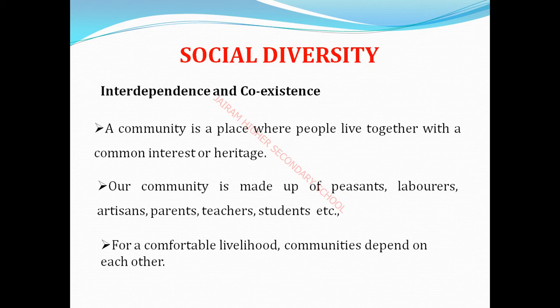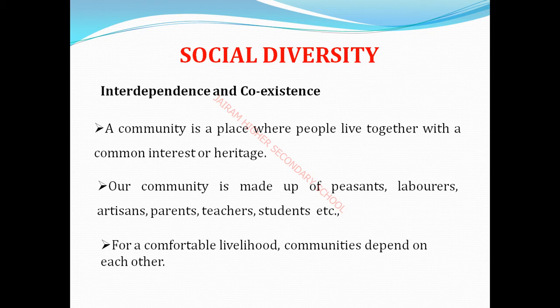Social means you and me, and all who surround us, called society. Here is the diversity in your society that you have seen. Without each and every interdependence, we can't survive our life.